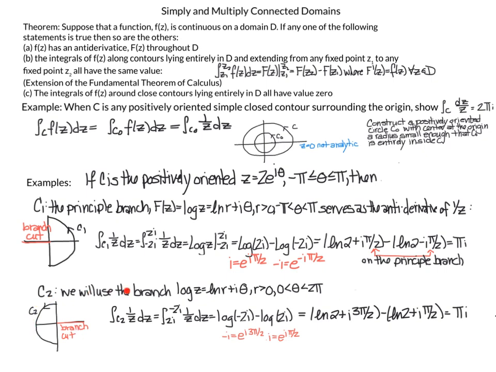That's the branch we're going to use for our logarithm. Again, we take the antiderivative and then we plug in our endpoints and we got pi i. So in this example, our total contour integral is going to evaluate to pi i plus pi i, which is 2 pi i. And essentially we get the same answer.